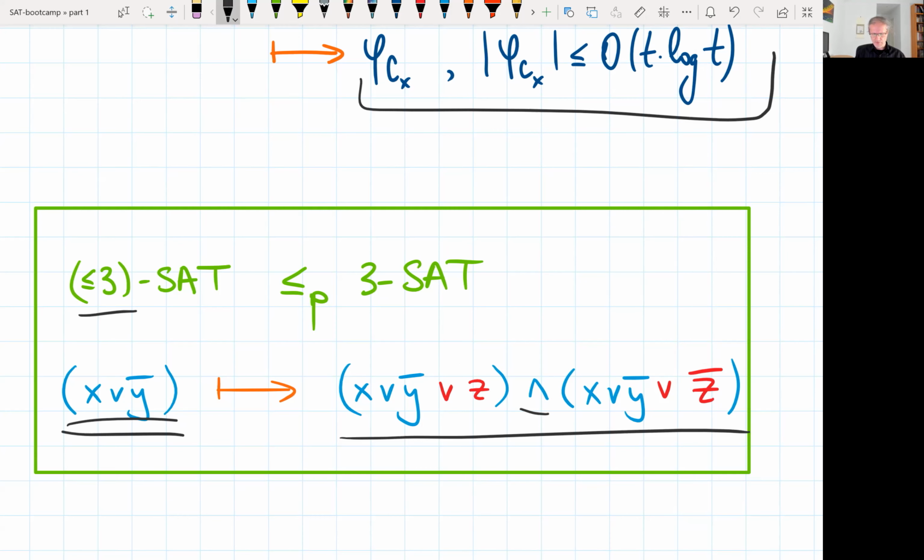And this transformation can be easily seen to preserve satisfiability. The clause on the left is satisfiable if and only if the conjunction of the two clauses on the right is satisfiable. And so I can always introduce some dummy variables and make my at most 3CNF into a satisfiability-equivalent exactly 3CNF.